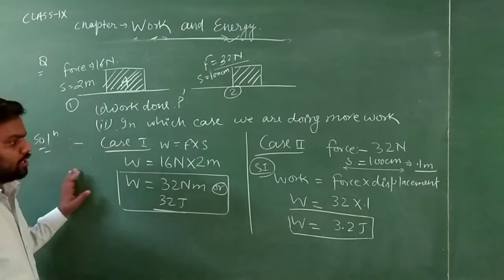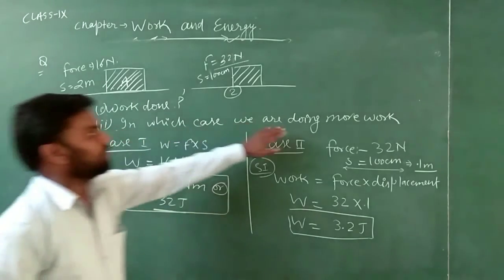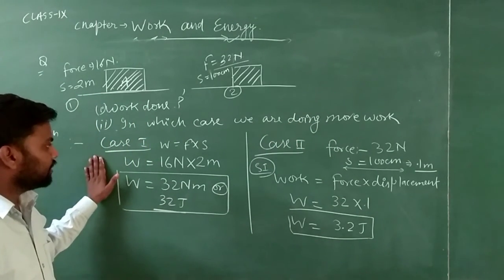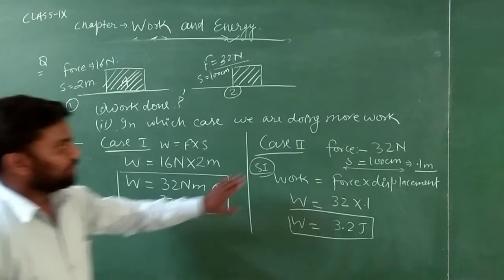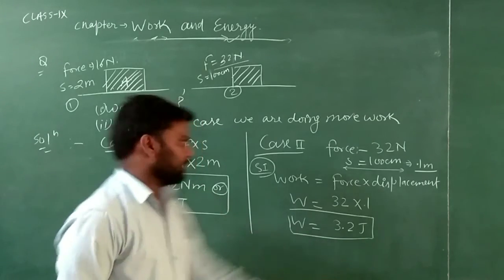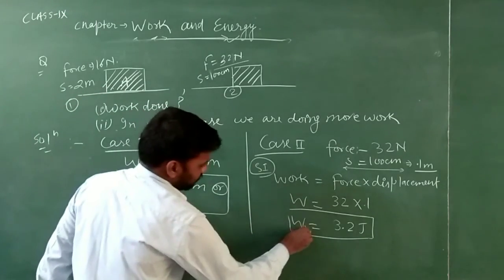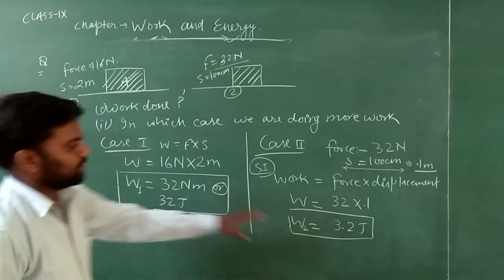Okay student, now the second part of the question is, in which case we are doing more work. Obviously we can clearly see that in case 1 the work done is 32 joule, and in case 2 the work done is 3.2 joule. We denote them as W1 and W2, because it is case 1 and case 2.